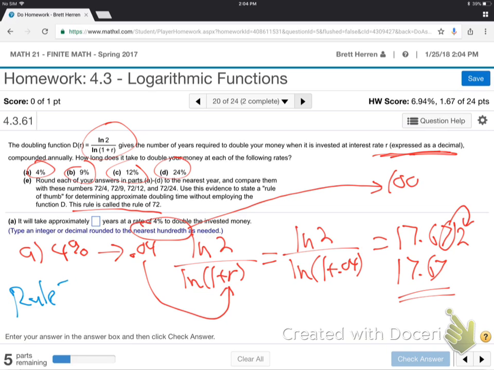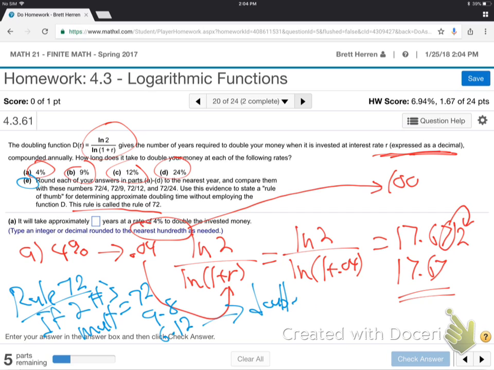The rule of 72 is what they're going to point to in part E. The rule of 72 basically says if 2 numbers multiply to equal 72, like 9 times 8 or 6 times 12 or whatever, that'll double your money if one is the percentage and the other is the years. So in other words, since 9 times 8 is 72, if you invest money at 9% interest for 8 years, or vice versa, 8% interest for 9 years.